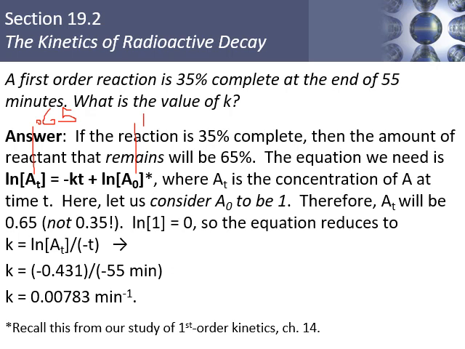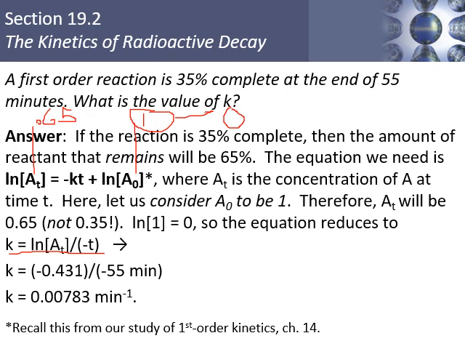One of the reasons why I chose 1 here is because when you take the logarithm of 1, it's 0, and that whole term vanishes. So we end up just with k, if you do a little rearranging, equals the logarithm of nt, which we said was 0.65. Remember, whenever you take a logarithm of a number less than 1, you get a negative number.